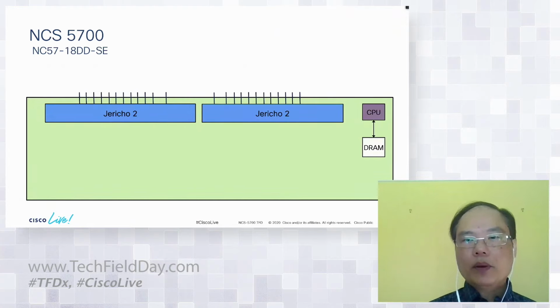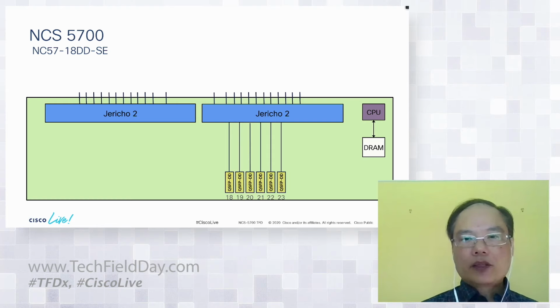This is a simplified block diagram for the 18DD line card. It has 2 Jericho II NPU. There are 6 QSFP-DD ports connected directly to one NPU, so it has 400 gig bandwidth.